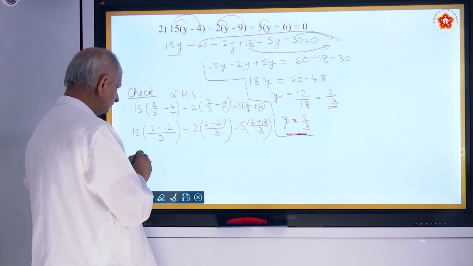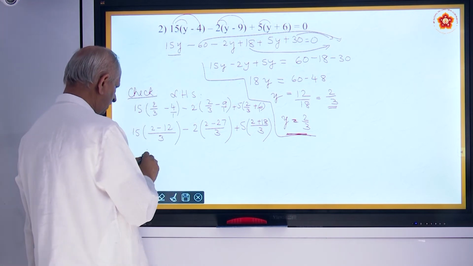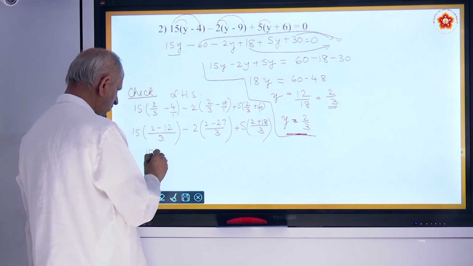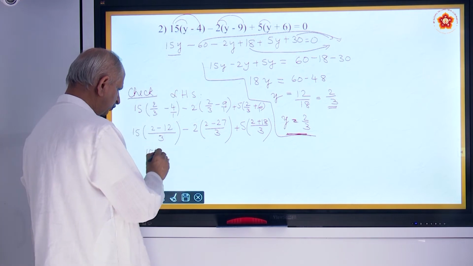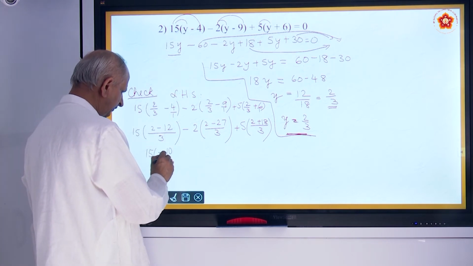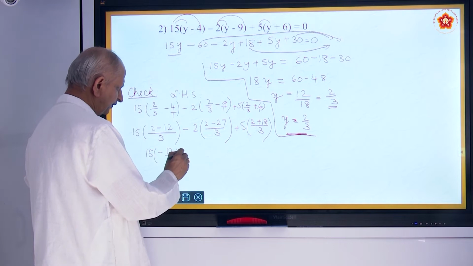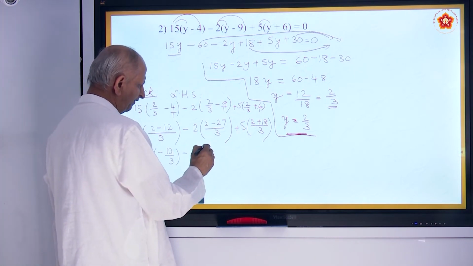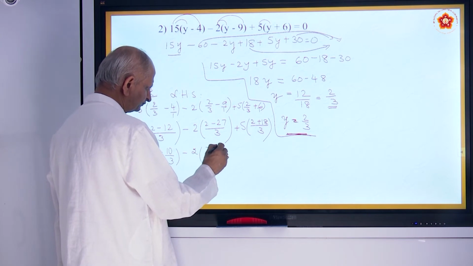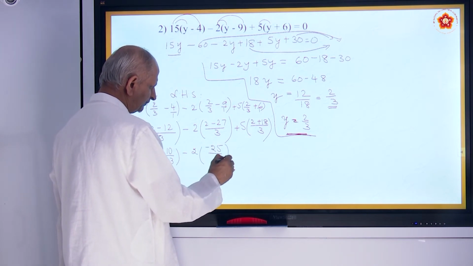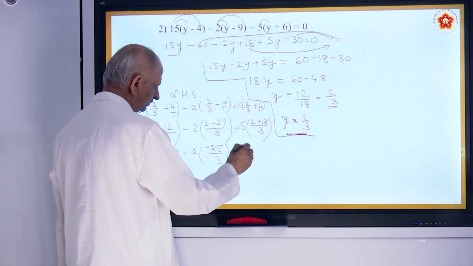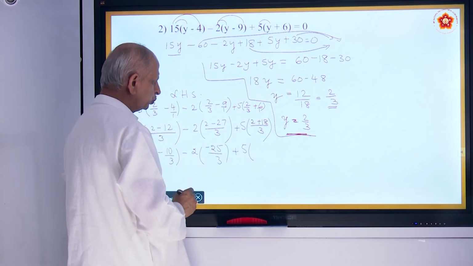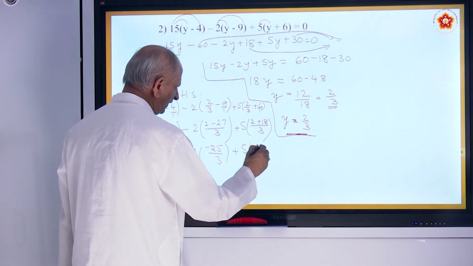Now what do you get? So you have here 15 into minus 12 plus 2 becomes minus 10 by 3. And here it is 2 minus 27, minus 25 by 3. Lastly, 18 plus 2, 20 by 3.